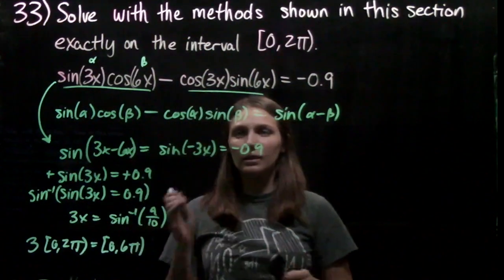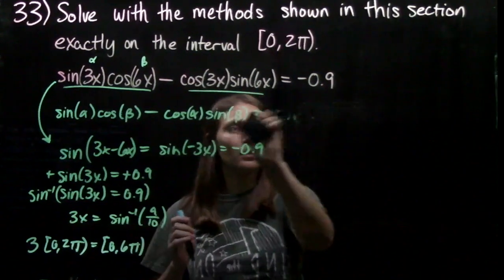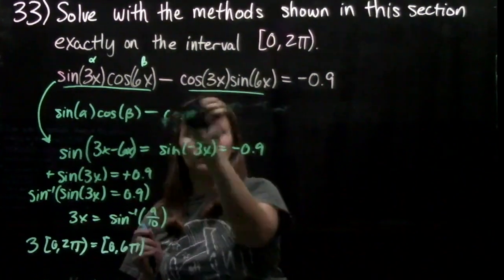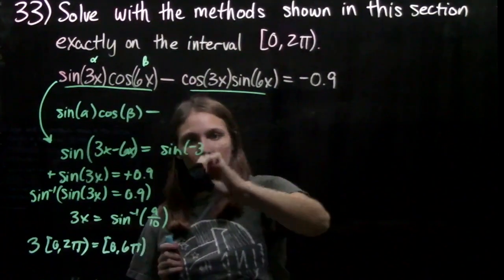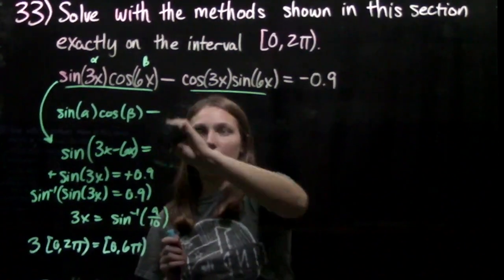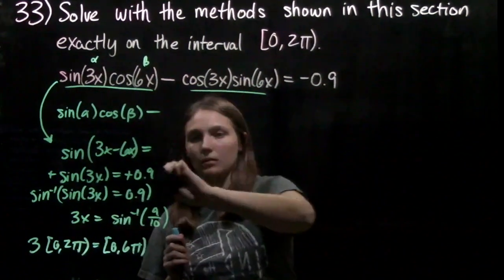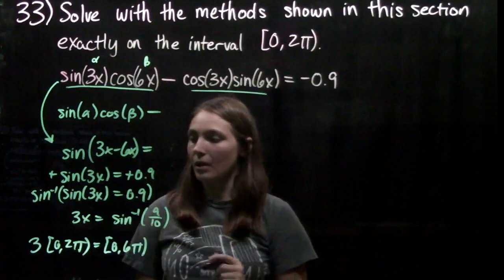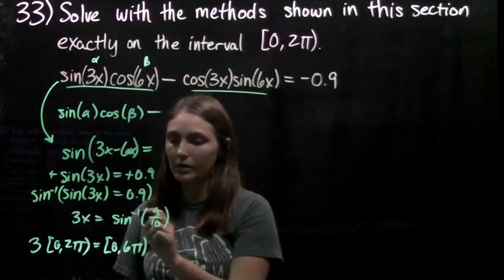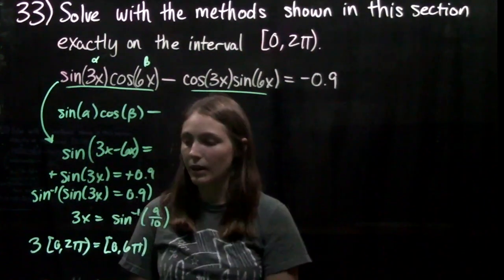So let's see, we can erase some of this. Alrighty, so we have 3x equals the inverse sine of 9/10.